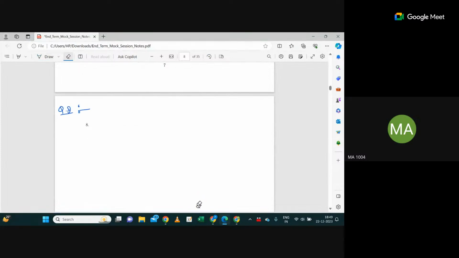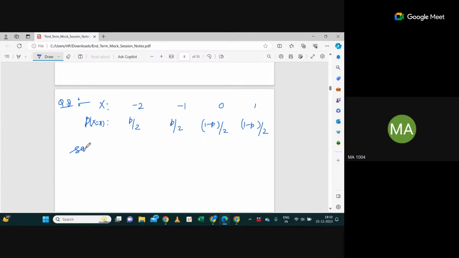Okay, so X is taking the values -2, -1, 0 and 1, right? And with the probabilities p by 2, p by 2, 1 minus p by 2 and 1 minus p by 2, right? And we have been given the samples -1, 0, 1, 1 and -2.